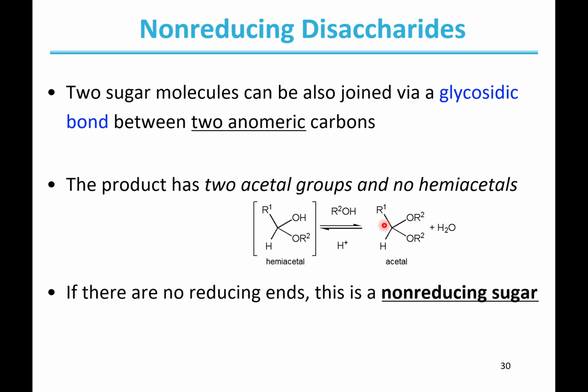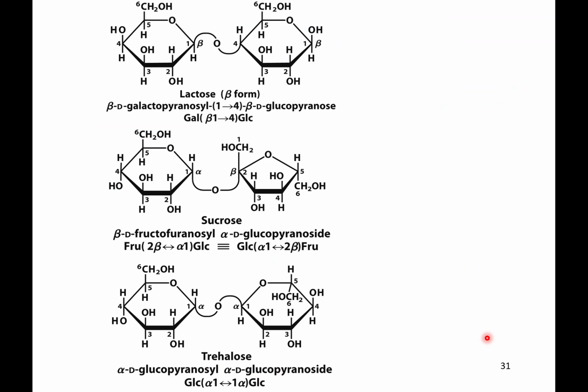So the product formed will have two acetal groups and no hemiacetals. Because of that, the rings on these sugars aren't in equilibrium with the open forms. There's no aldehydes around, and they're non-reducing sugars. If we look at some examples of different disaccharides, the first example up here would be lactose, and I'm sure you've all heard of lactose.